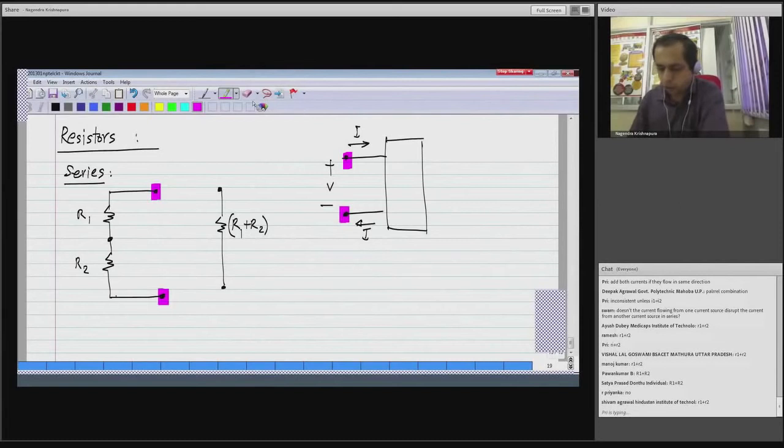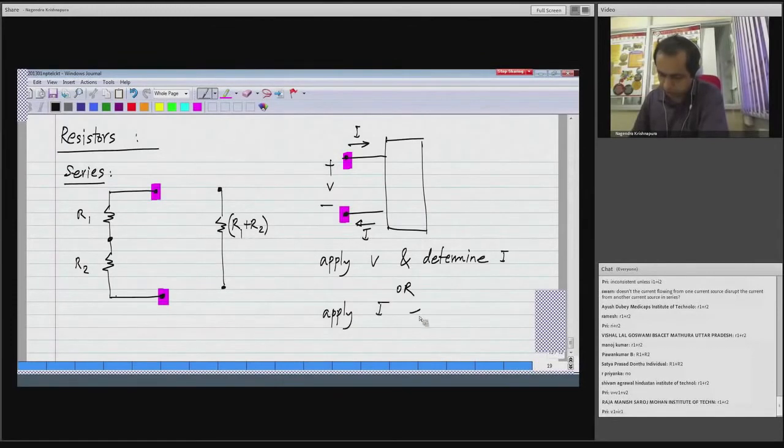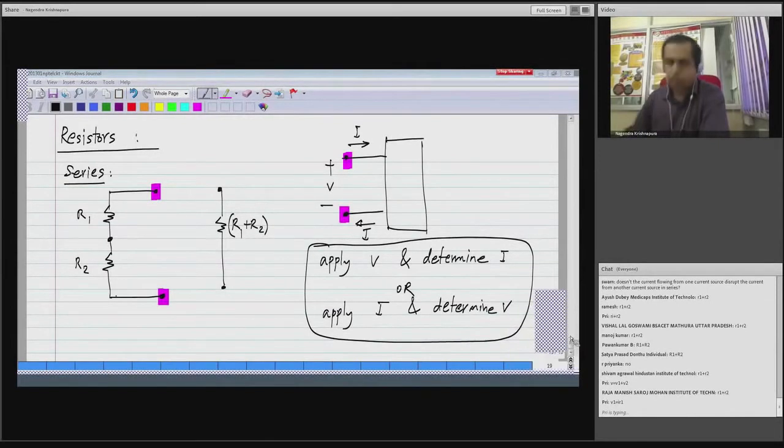And to do that, you either apply a voltage source with a value V and determine I, or apply I and determine V. So, this is a systematic procedure that you will use repeatedly.